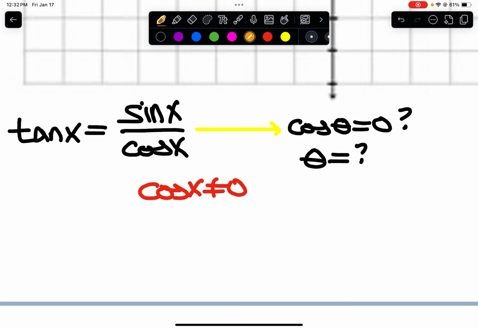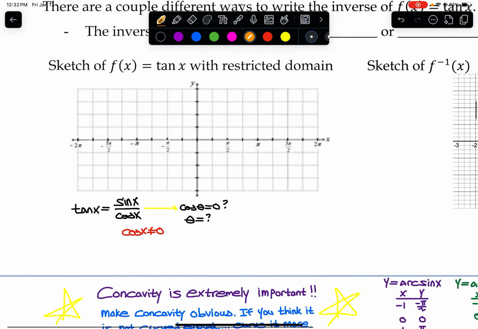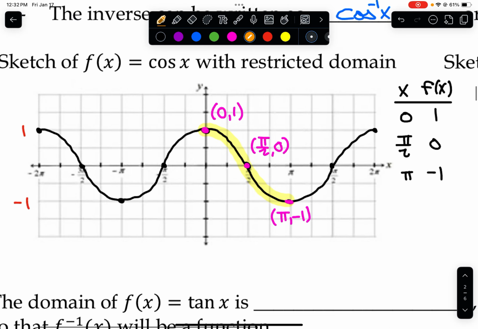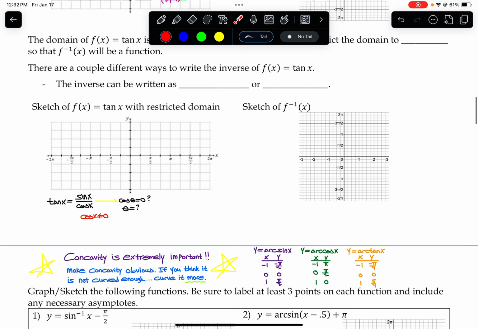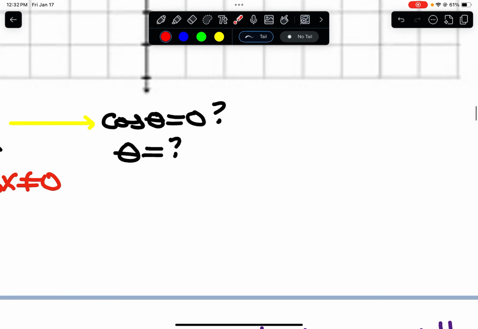Okay, so those theta values, if I just think about my graph, I'll let you visualize it up here. So those theta values are going to be negative 3 pi over 2, negative pi over 2, pi over 2, 3 pi over 2, and so on and so on. Notice how it's all the pi over 2s.